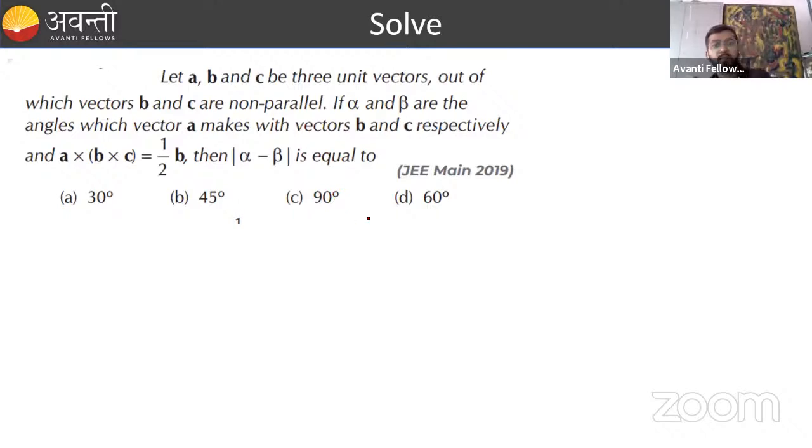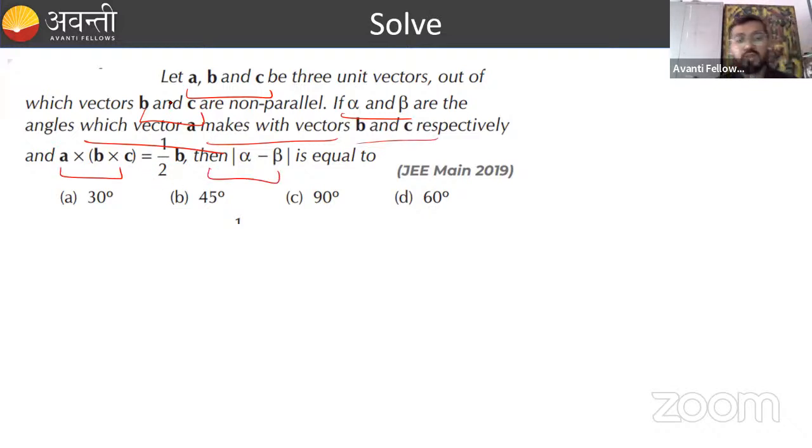Right? Now, let a bar, b bar, c bar be three unit vectors, out of which b bar and c bar are non-parallel. If alpha and beta are the angles which vector a makes with vectors b bar and c bar, then a bar cross b bar cross c bar is half times b bar.